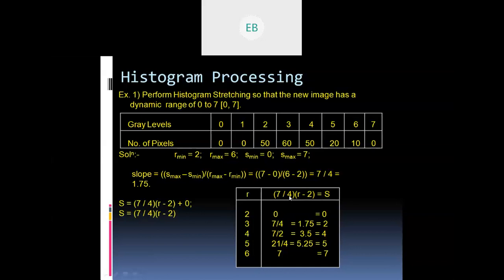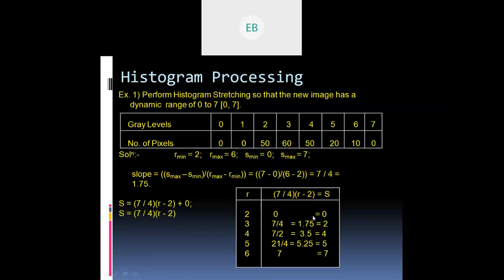Now just form a table here. Consider the value of R from 2 to 6. When we use the equation S equals 7 by 4 into R minus 2, simply put the value of R equals 2 in this equation.